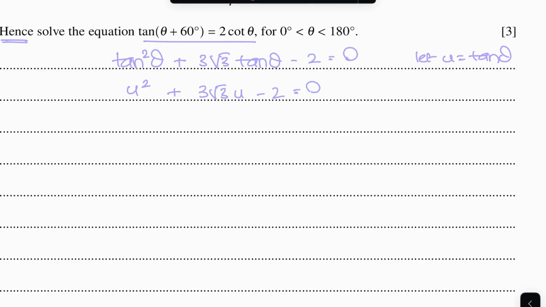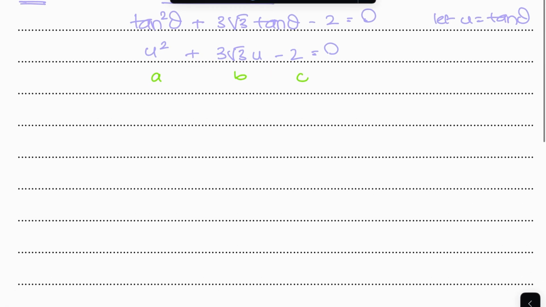Now we're going to consider this as a, this as b, and this as c, and solve it using our regular quadratic formula. So u is equal to minus 3 root 3 plus or minus the square root of (9 times 3) minus 4 times 1 times minus 2, and the whole thing divided by 2.